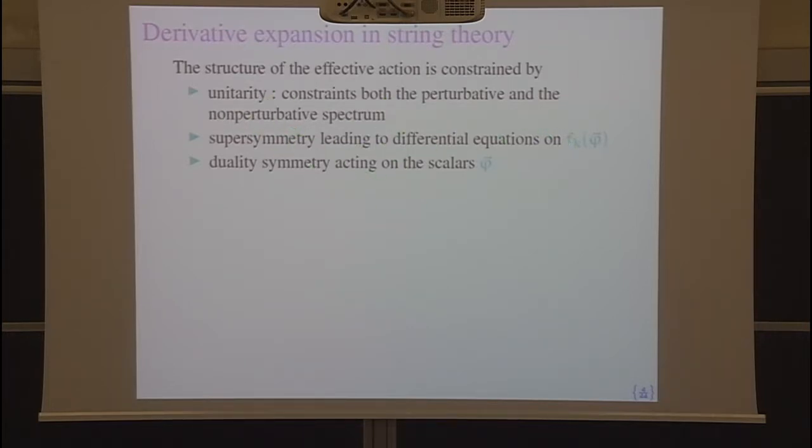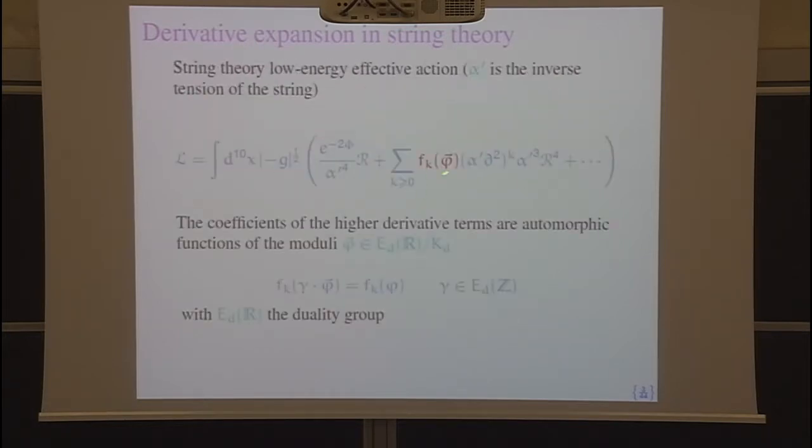They are constrained by supersymmetry, and typically the way supersymmetry constrains these coefficients in the effective action is that it leads to differential equations that the coefficients satisfy. And of course, because this is a lattice, a discrete subgroup, they are non-trivial functions constrained by the duality transformation.